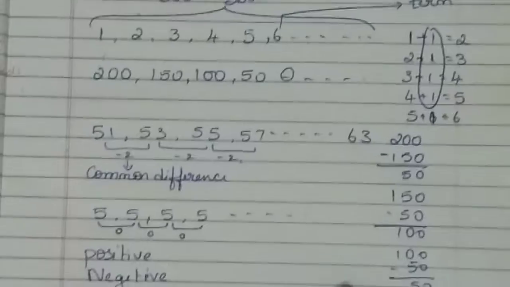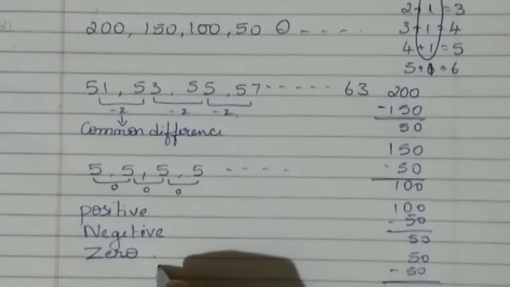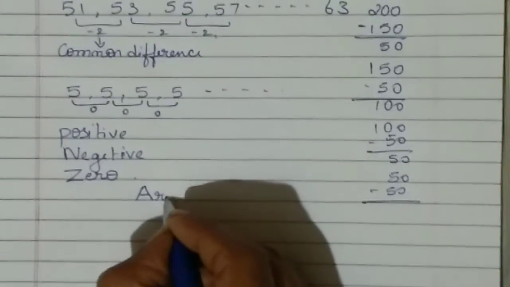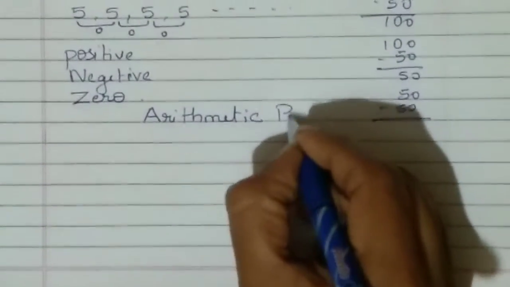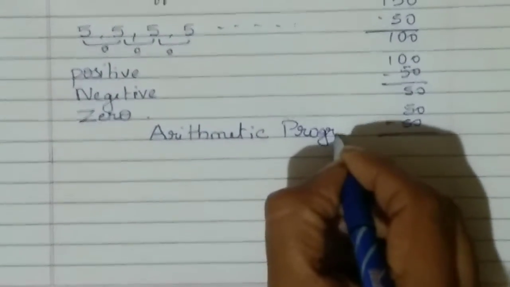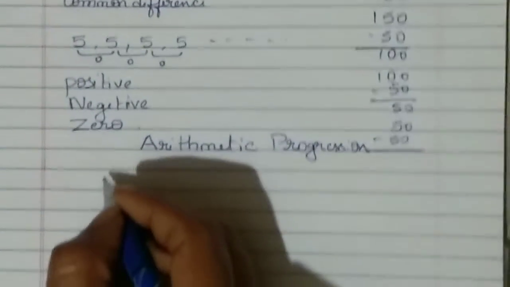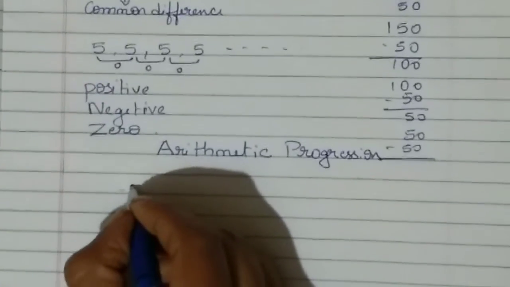Next, what you have to know is, if you want to write down an arithmetic progression, what all things do you want? See here. I will give you a number.